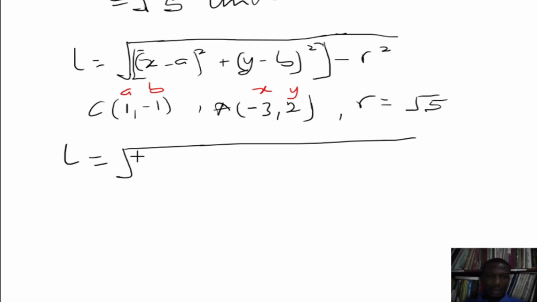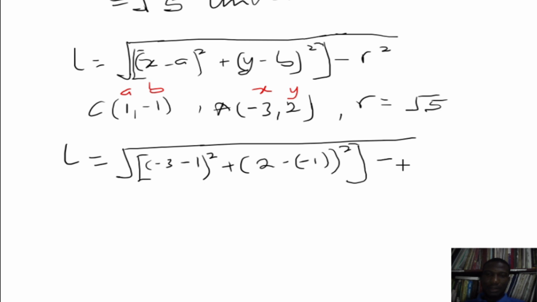That means our L now becomes the square root of our x, which is negative 3, minus a, which is 1, all squared, plus our y, which is 2, minus b, which is negative 1, all squared, then the whole of this minus r, which is root 5, also squared.